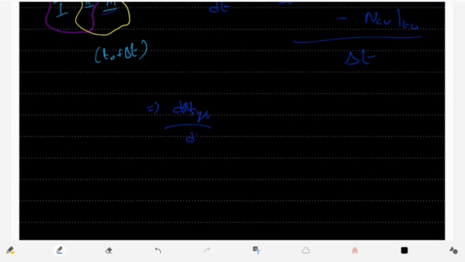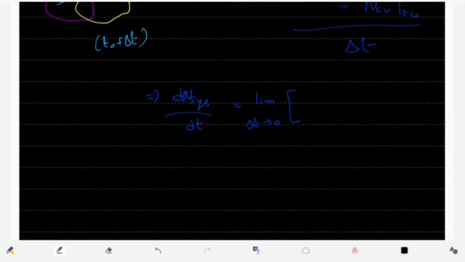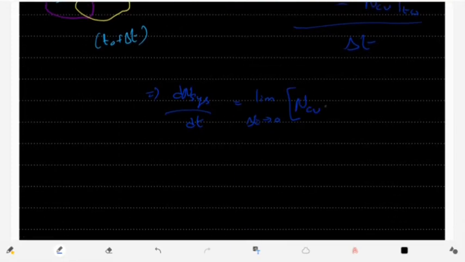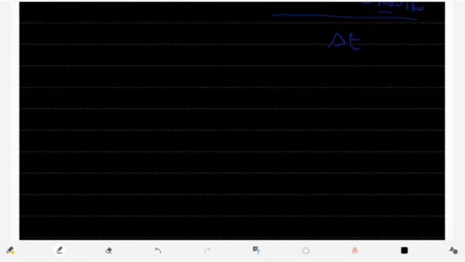Now let's solve this equation. dN of system by dt equals limit delta t tends to 0. Now this N of 2 can be written as N of CV minus this initial condition N of 1, plus N of 3 at t naught plus delta t minus N of CV at t naught, by delta t. Now here we have N CV and N CV. I will take these two terms together as a single term.